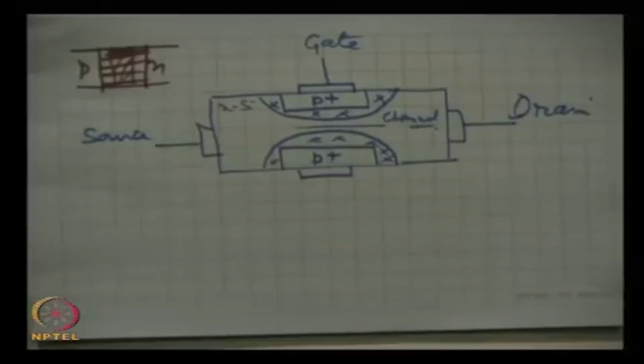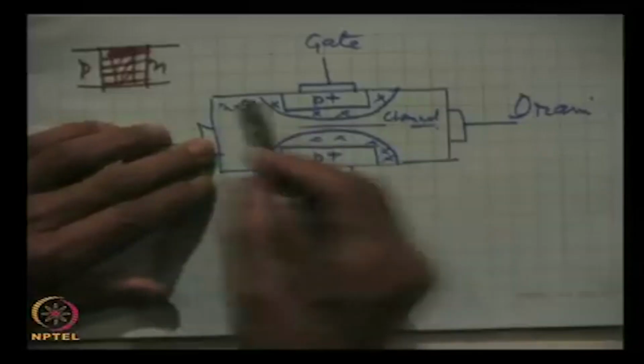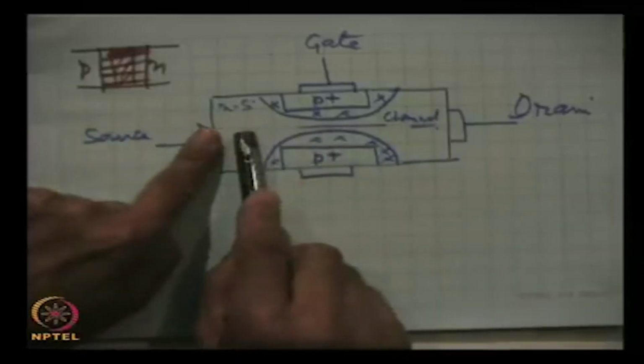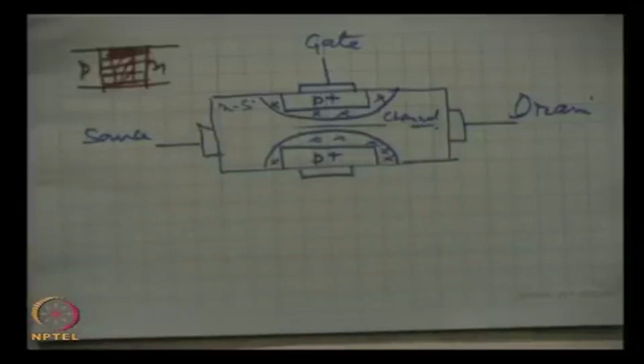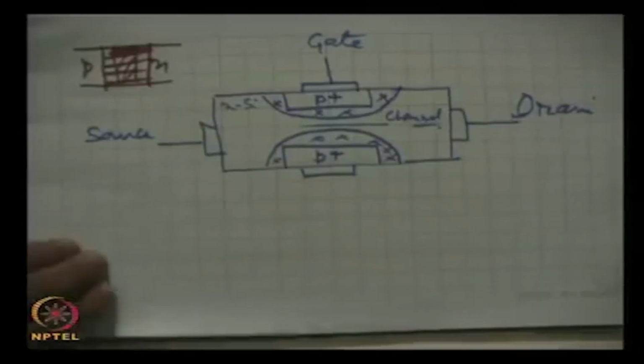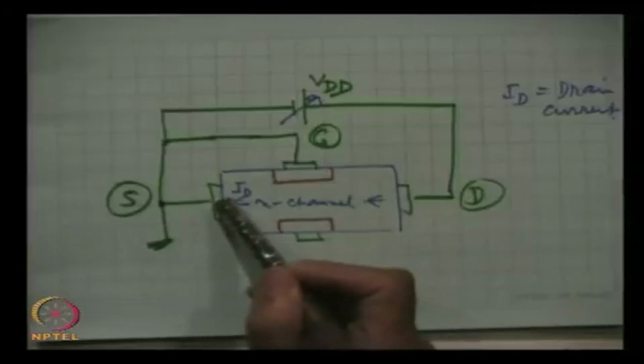semiconductor having a finite resistance, and that resistance is dropped all over. Between these 2 points the resistance is different, between these 2 points it is different, and so on. Accordingly, the field is spread all over. It is maximum positive here and least positive here.